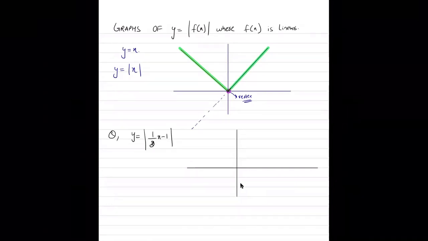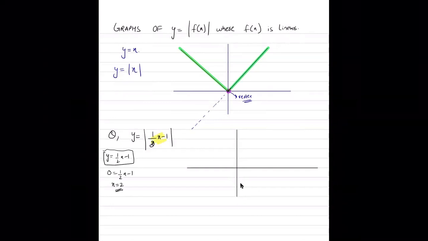You will always get a V-shaped graph. So it's up to you. If you want to draw simply y equals half x minus 1 first, you can go with this, and then you can reflect at the end. So if I sketch this line, I know that for the x-intercept you can just plug in y as 0, and that's 2.